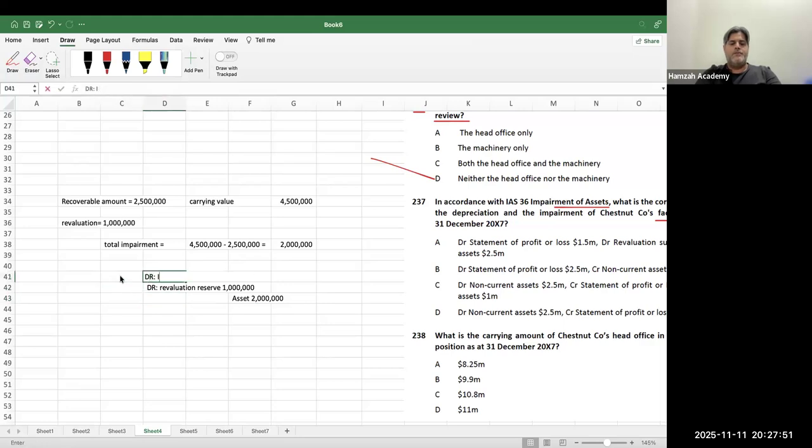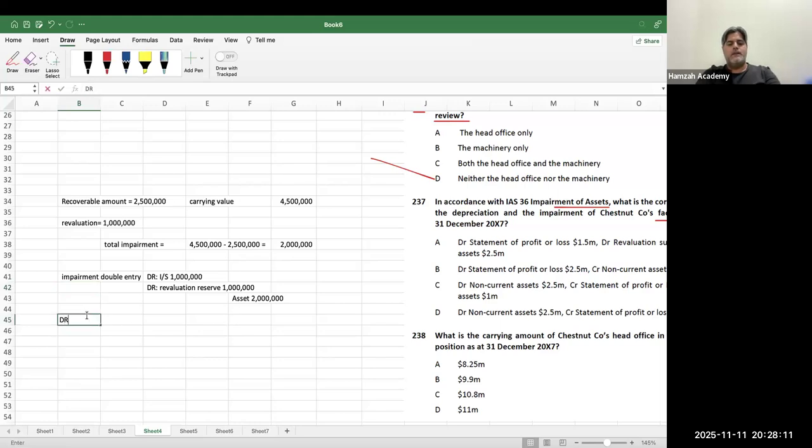And the debit to income statement is going to be 1 million over here, right? This is related to the impairment double entry.